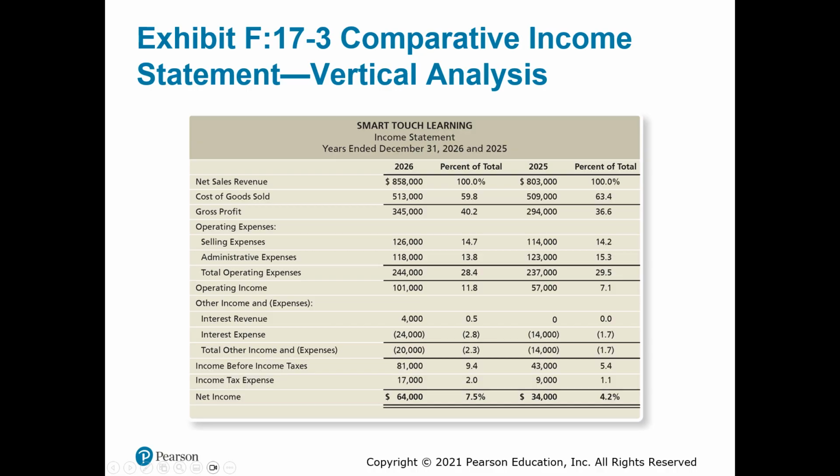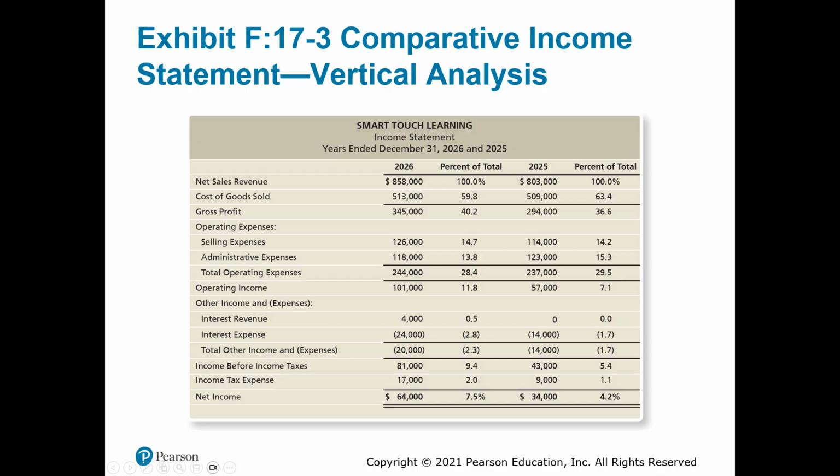Let's start with COGS. It was 513,000. If I take 513,000, divide it by the 858,000 and convert it to a percentage, I see that 59.8% of the sales revenue that we generated from selling goods went towards the cost of either acquiring, buying, or producing those goods that we eventually turned around and sold.